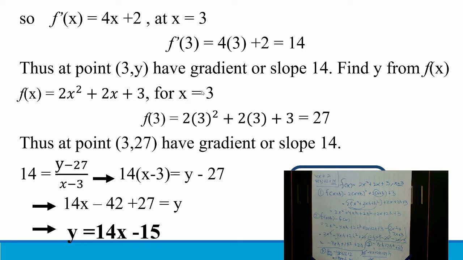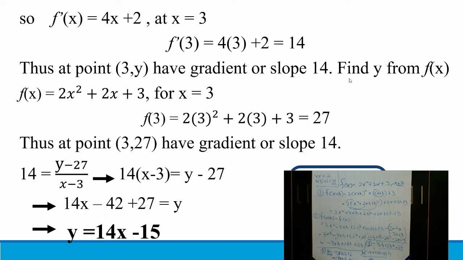You know that the point has x equal to 3, we don't know the y, but we know that the gradient or the slope of the tangent is 14, the gradient of the tangent.